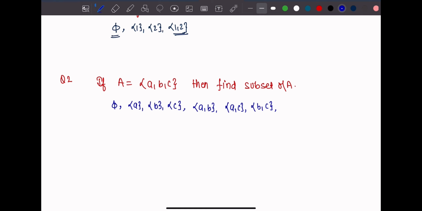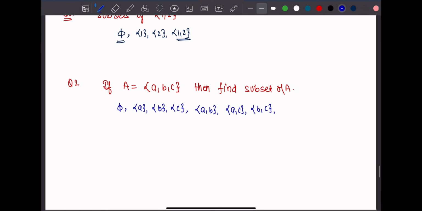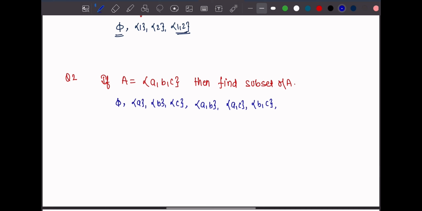Further there is no possibility, because elements can be written in any order: {b, a} and {a, b} are the same. And last we choose three elements, so we get {a, b, c}.